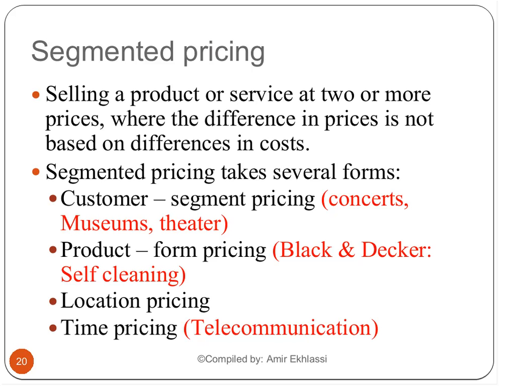For example, with your student card, you can have some discount. Customer segment: sometimes the entrance for kids or children below 5 years is free. It is a kind of customer segment pricing.